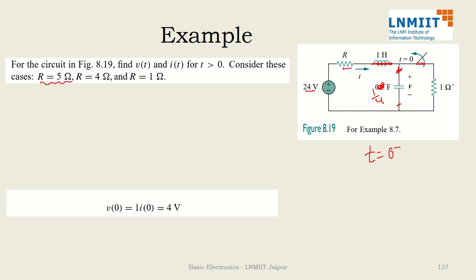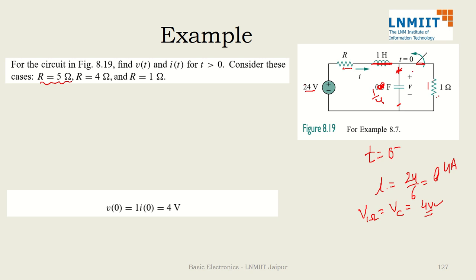So 5 plus 1, 6 ohm, and I is 24 by 6, 4 ampere. That means voltage across 1 ohm, which is V capacitor, is 1 into 4, that is 4 volt. So my initial value is known to me.